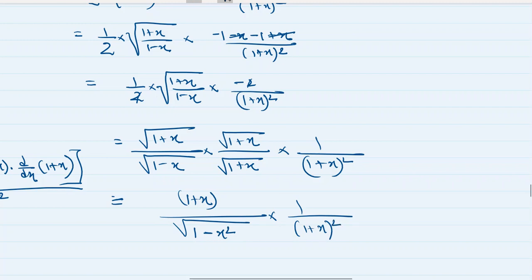Okay, so this is going to get cut with the square, and finally you are going to get 1 upon, hey, where is the minus sign? There was a minus sign here, right? So there is a minus sign, of course. So minus 1 upon under root of 1 minus x square multiplied by 1 plus x.